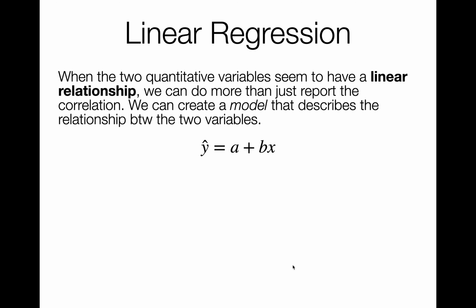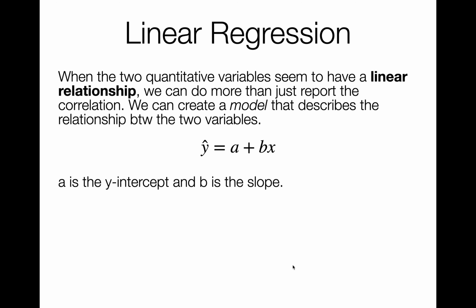I'm going to change it around slightly. a is the y-intercept and b is the slope here. But don't get too weirded out. I'm sure you can make the change.